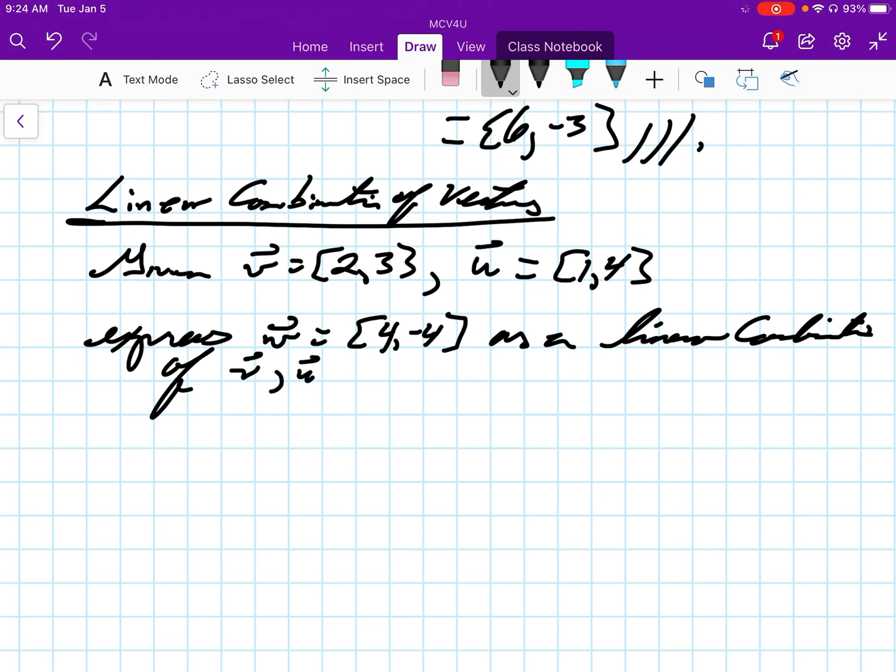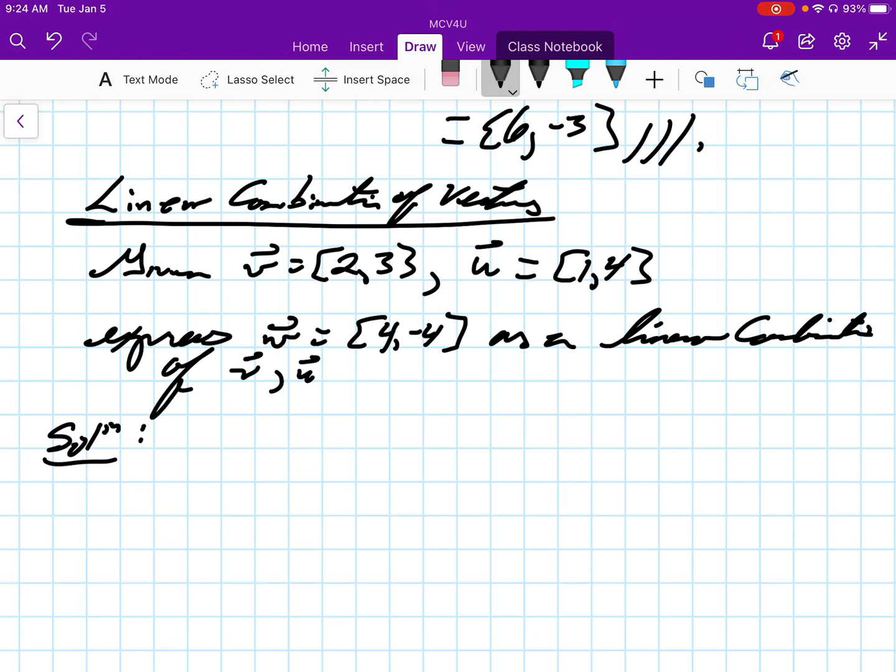Okay, well, here's how we do it. Here's a solution. We take a look at v and u, and we notice that they are not scalar multiples of each other, so they're non-collinear. Okay, so we can come up with a linear combination. We set it up as a linear combination, assuming that there is one.